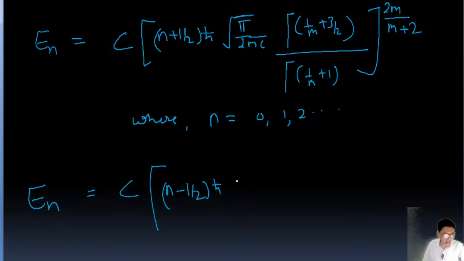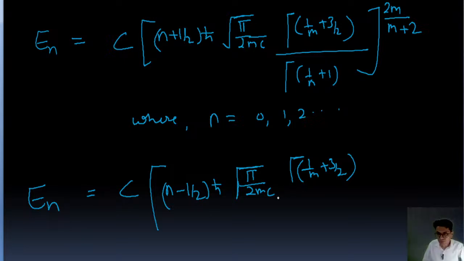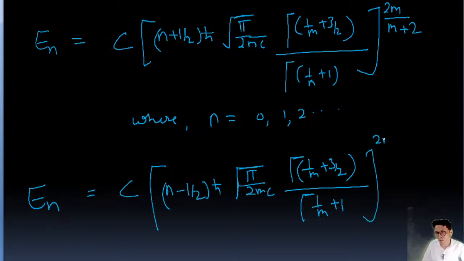(n minus half) h cut root pi upon 2mc, gamma of (1 upon m plus 3 by 2) upon gamma of (1 upon m plus 1), whole to the power 2m upon m plus 2.